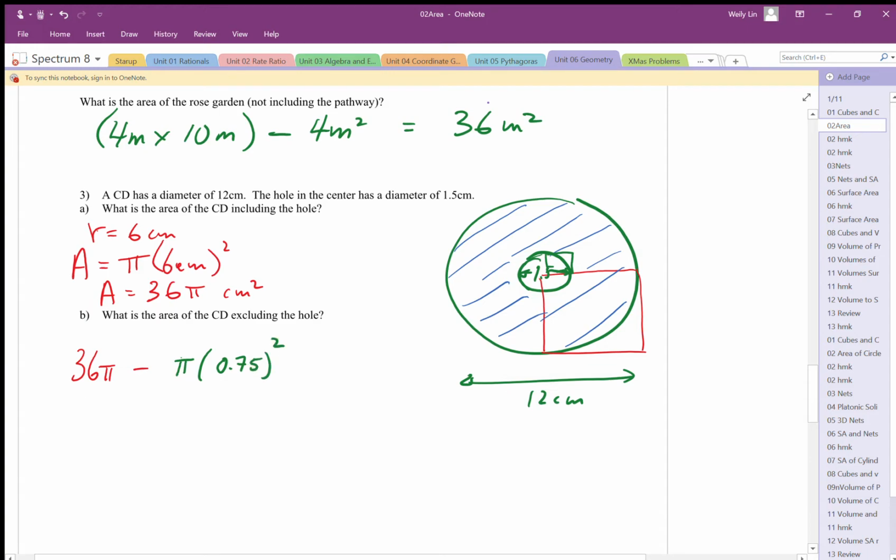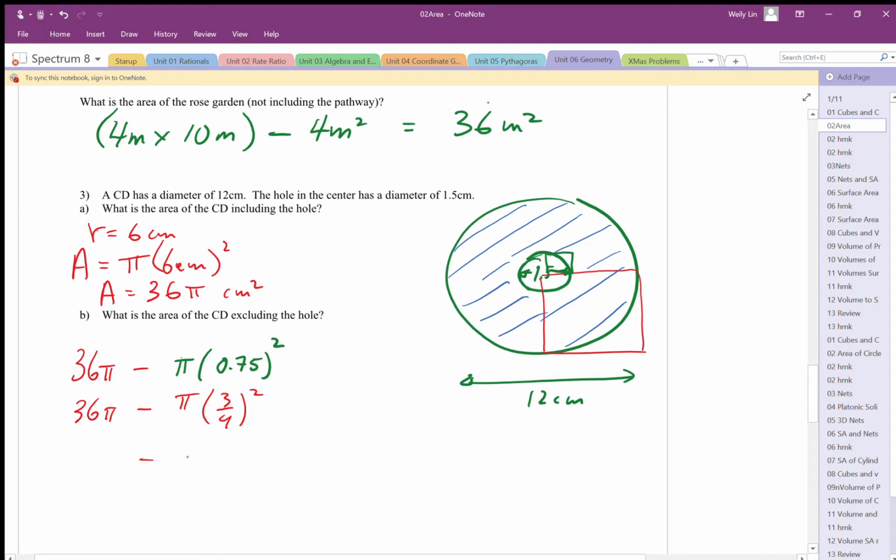I don't have a calculator on me, so I'm just going to do this by hand, using fractions. So I'm going to get 36 pi minus pi times 3 over 4 squared. That's going to give me a denominator of 16, so I'll make 36 pi a denominator of 16. Oh, that's not an easy calculation, is it? Well, I'll do this part first.